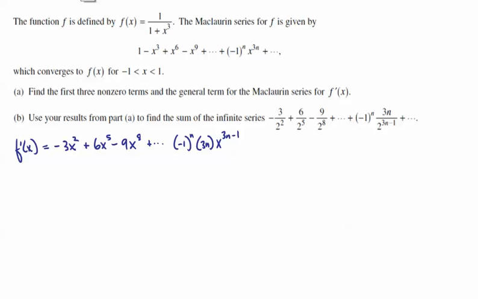Now, you might notice that when you use values for n, 0 is not going to work here. And it may be because the first term of the derivative was actually 0, and so because of that, we're actually going to start our terms with n equal to 1 here.